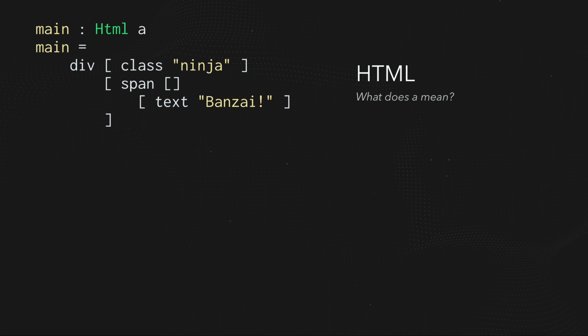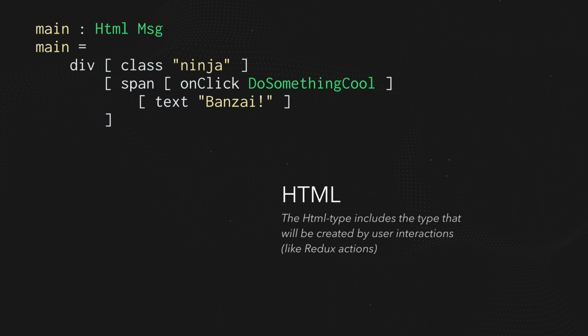And since we're not emitting any events, there's no onClick, there's no onScroll, there's no input elements, we don't have any outputted events, so we just put a for anything. But in this example, where we add an onClick to this span, we'd have to say to Elm, what type is the event that's put back into the system when you click on this thing? So there's a convention that you just call that msg. I'll show you a bit more when we reach the app example.